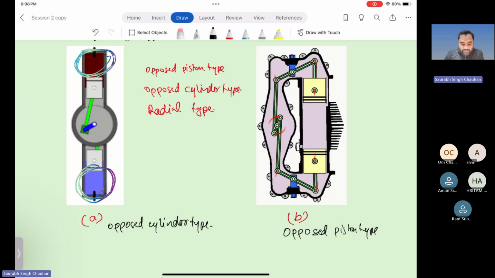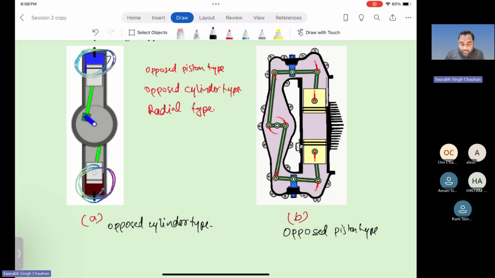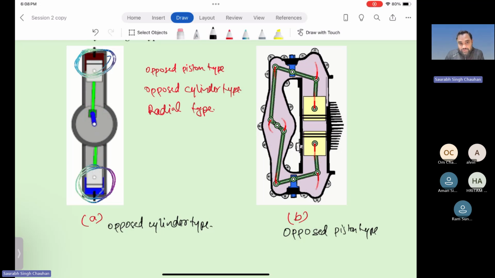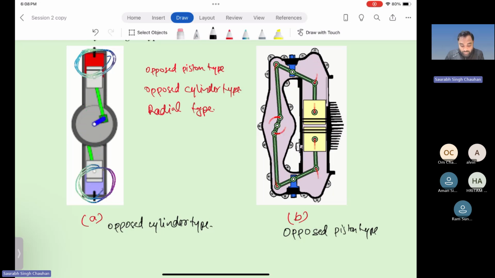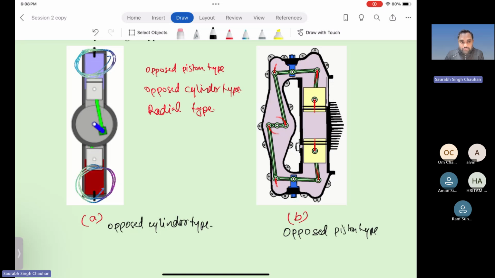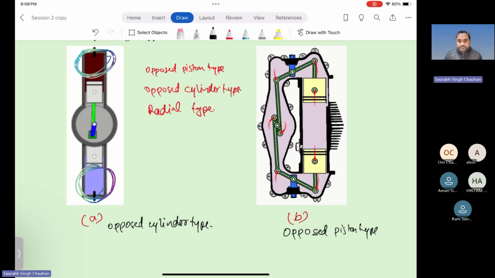In each pair, there will be two cylinders in the opposite direction. So one piston will be going, let us say, in upward direction, and the other piston will be going in the opposite direction. Here, for simplicity, I have shown only one pair, only two pistons, but there can be four or more than that. Okay, is that clear?